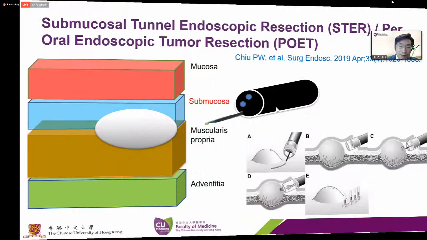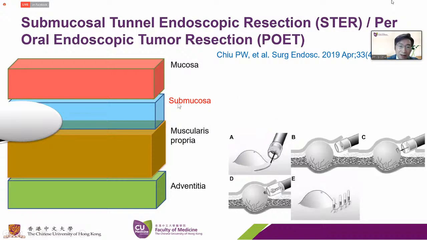So with the concept of POEM, we can actually pass the scope into the submucosa, and naturally we can encounter this submucosal tumor and treat it by endoscopic resection. This is called submucosal tunnel endoscopic resection, STER, or peroral endoscopic tumor resection, POET.